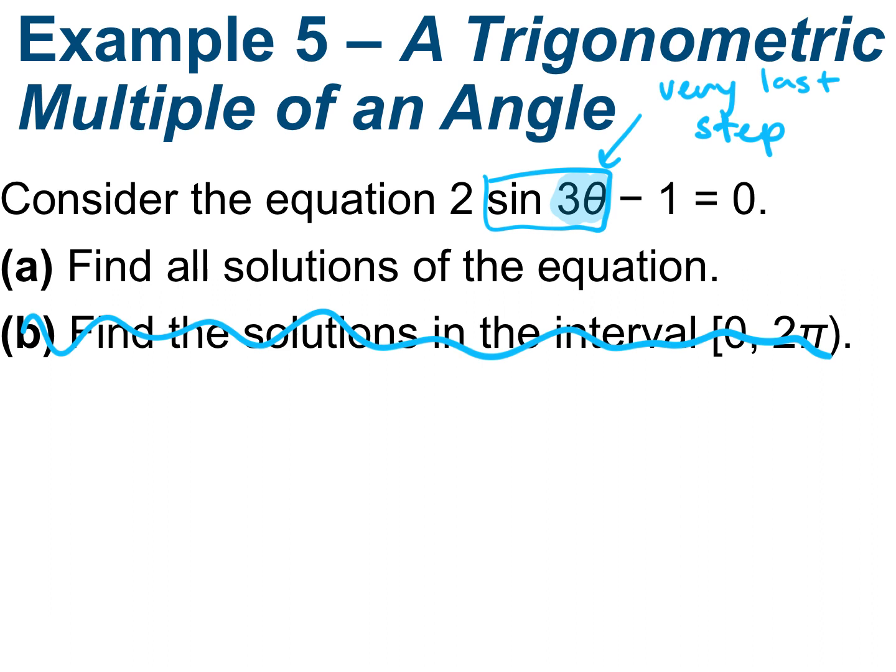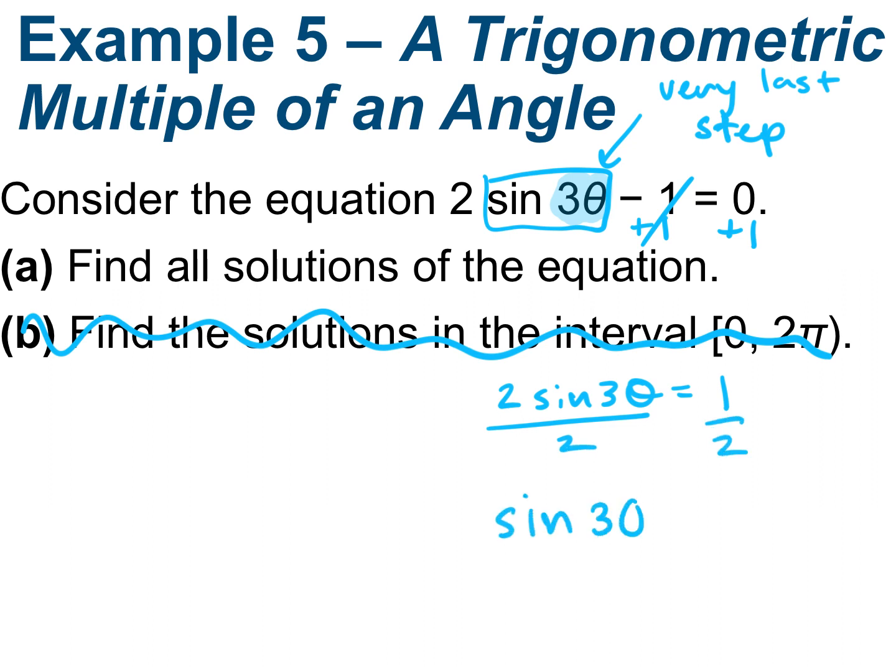Isolate our trig function. So what would we need to do first here? Add 1 to move it to the other side, then divide by 2. So 2 times sine of 3 theta is equal to 1. Divide by 2. So sine of 3 theta is equal to 1/2.